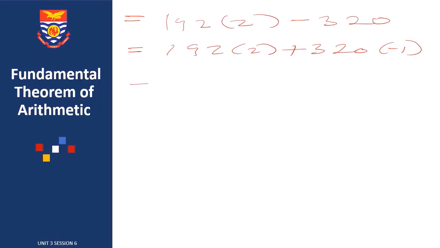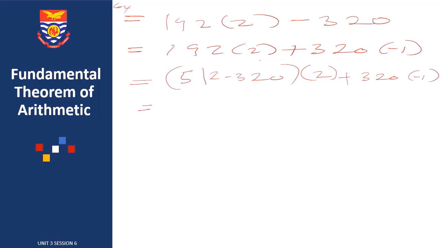So 64 equals, substituting 192 from equation 1, 512 minus 320, multiplied by 2, and we also have plus 320 times minus 1.